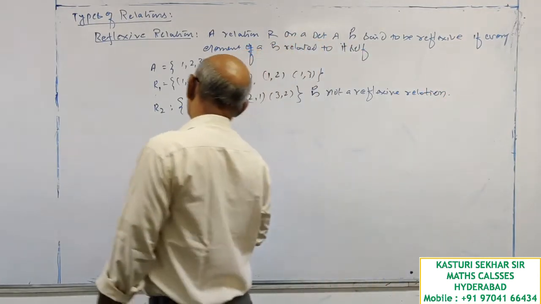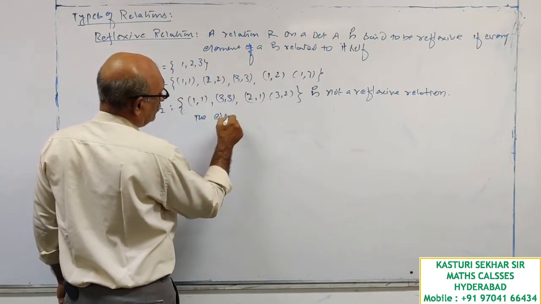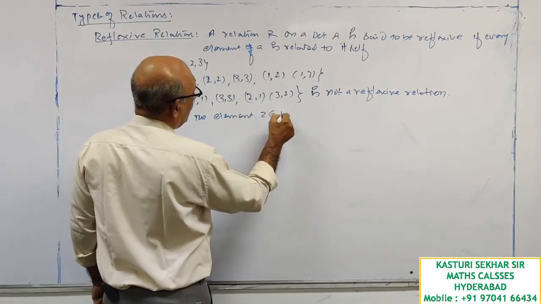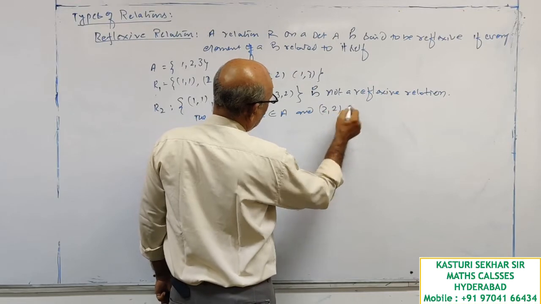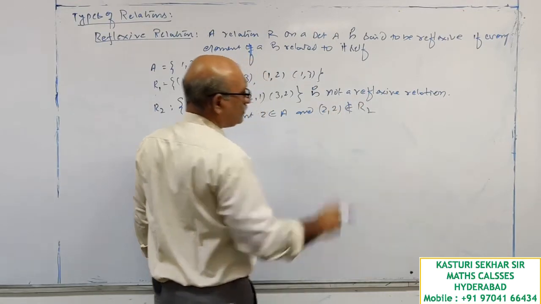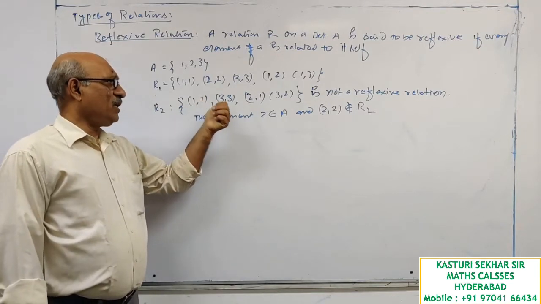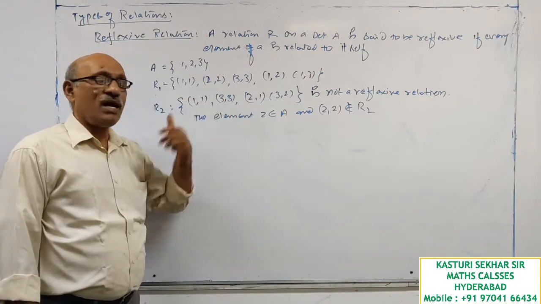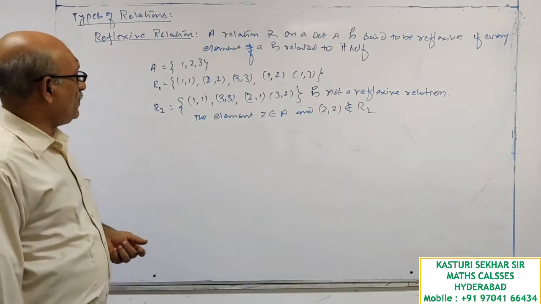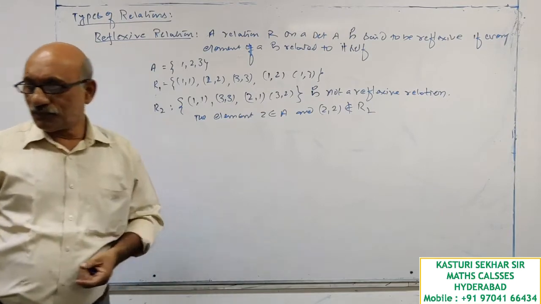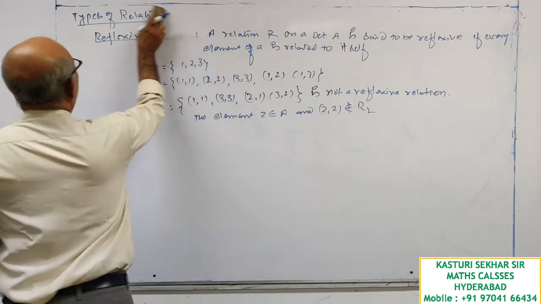Reason is the element 2 belongs to set A and (2, 2) does not belong to R2. Identity relation is not given. (1, 1) is there, (3, 3) is there, but (2, 2) is not there. Therefore, you cannot say R2 is a reflexive relation. Next.